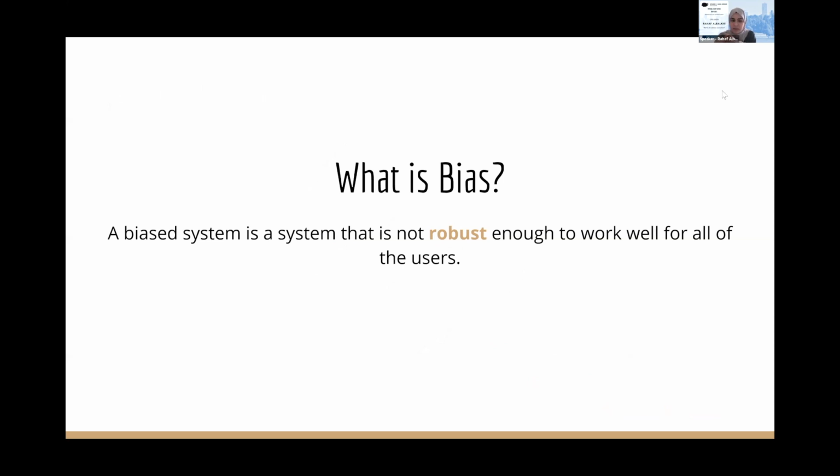Once we frame it in a robustness context, we have a start point: okay, our system is not robust, let's try to find how we can make it more robust. And on that journey, we could start trying to define bias in a better way, define fairness, discrimination, justice, and have that unified definition of bias.